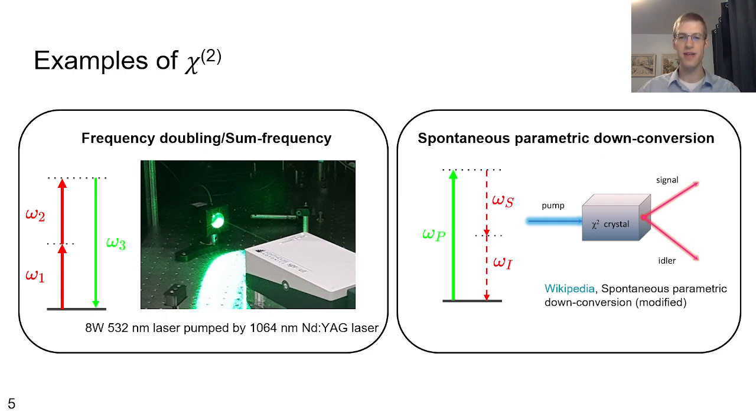This is where you send in a strong pump into a Chi2 crystal, and then it will spontaneously emit pairs of photons. What's interesting about these photons is they're entangled because they're generated through the same process. These entangled photons can be used as a resource for, say, quantum teleportation. Now, entangled photons, we might say, is an idea worthy of a Nobel Prize.